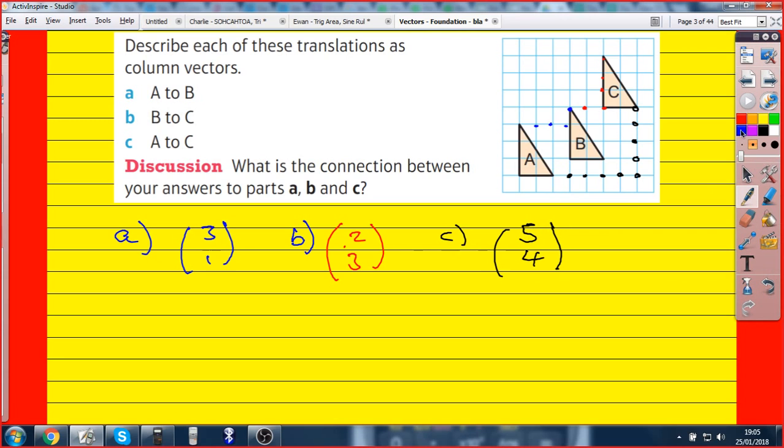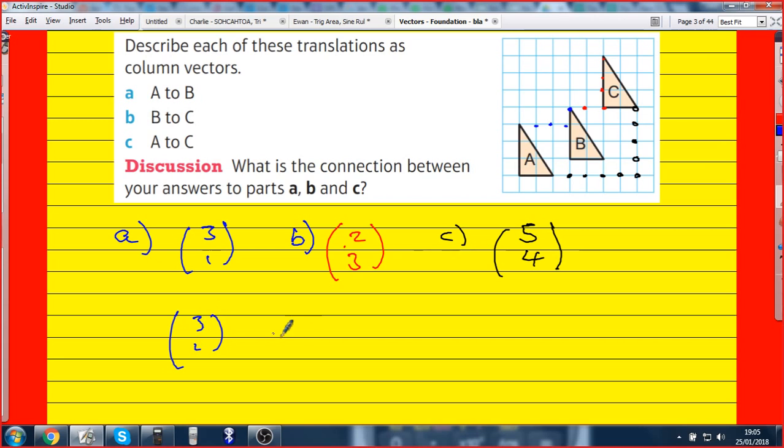What is the connection between 3, 1, 2, 3, and 5, 4? So look at the top numbers, look at the bottom numbers. So 3, 2, 5, 1, 3, 4.